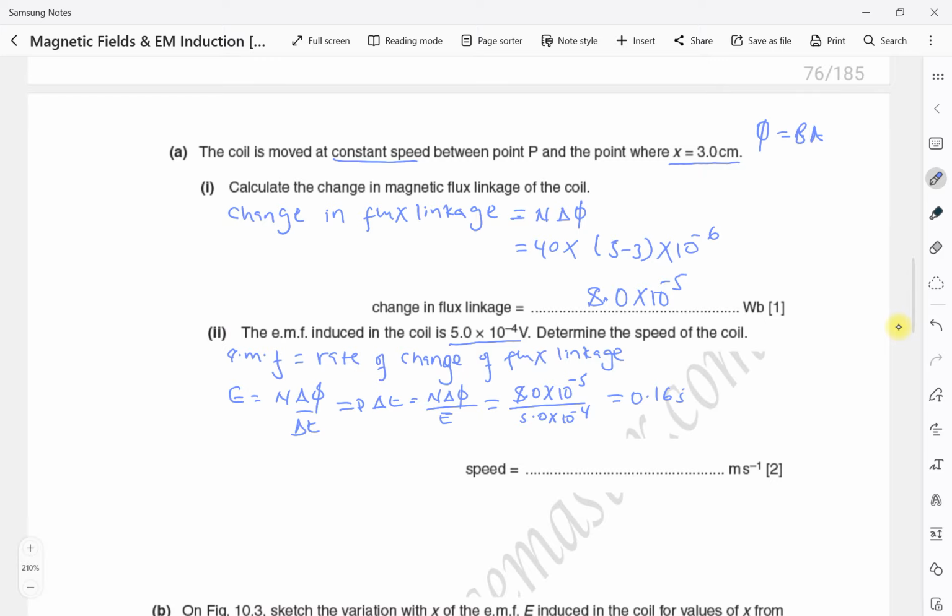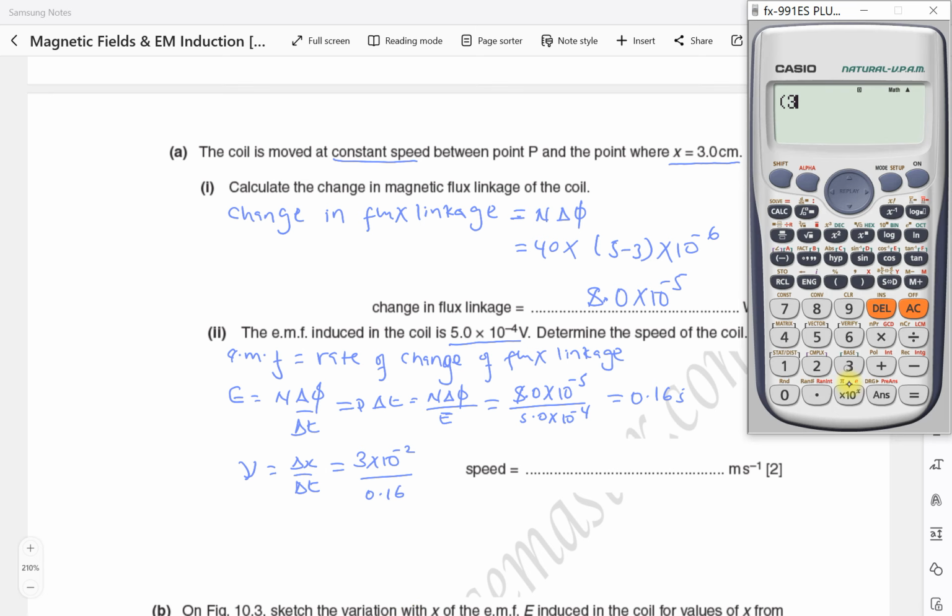Because they said the coil is moved at a constant speed, we want to find that constant speed. We know that speed v equals the distance divided by time. Now that we know the time, we just look for the distance. X was 3 centimeters, so this is 3 times 10 to the power of minus 2 divided by the time, which is 0.16.